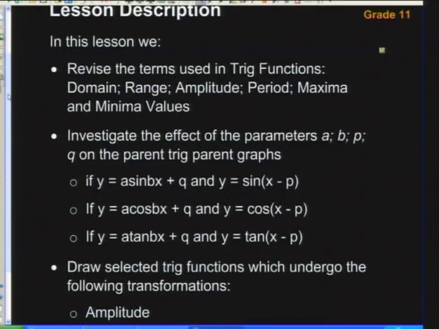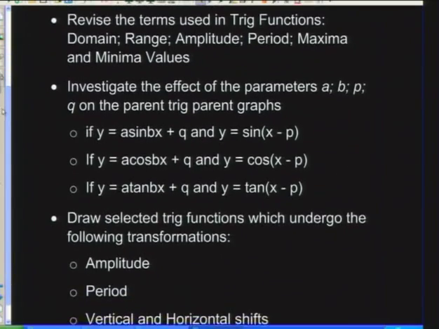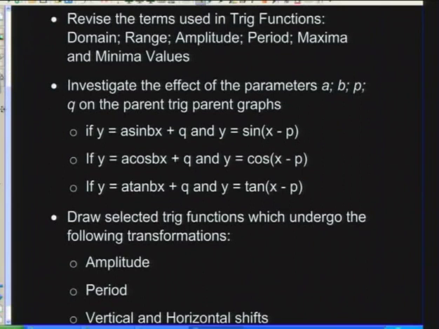In this lesson, we're going to revise the terms often used in trig functions and in some other functions as well. We're going to look at domain, range, amplitude, period, maxima, and minima values. We're going to investigate the parameters A, B, P, and Q on the parent trig graphs, so that we'll eventually look at what y equals a sine bx plus q, as well as y equals sine of x minus p looks like.